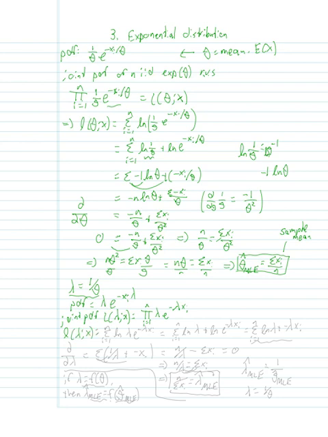So the log likelihood function is the sum of the log of lambda e to the negative lambda xi, which is equal to the sum of log of lambda plus log of e to negative lambda xi, which is equal to the sum of log of lambda plus negative lambda xi, right?